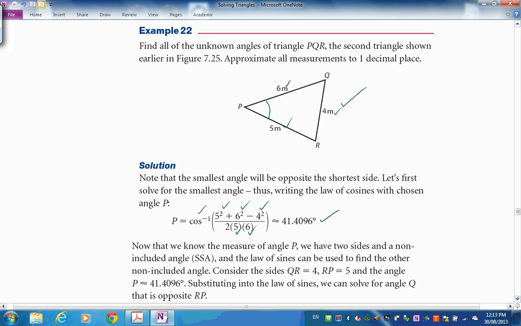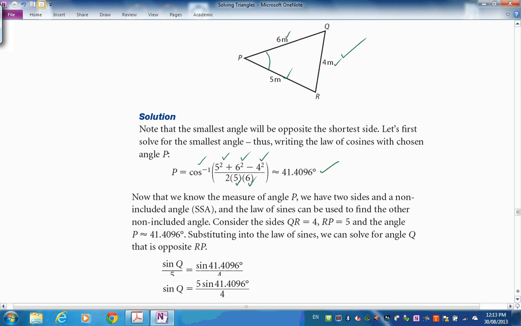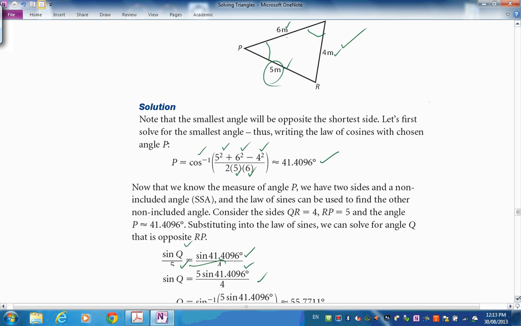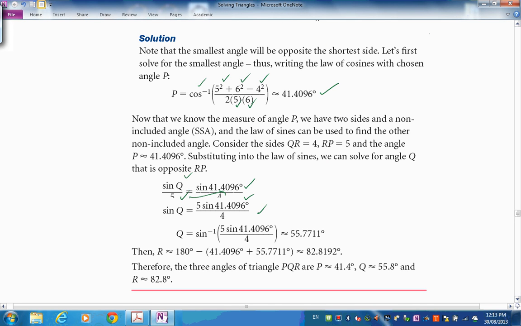So we've got the angle now. What can we do? Let's go and find another angle. We won't find the biggest one, that's that one there. We'll go here. So the sine of Q over the side opposite is the sine of the angle we just found over 4, and multiplying across we can find the angle. So the sine and cosine rule are a powerful combination.